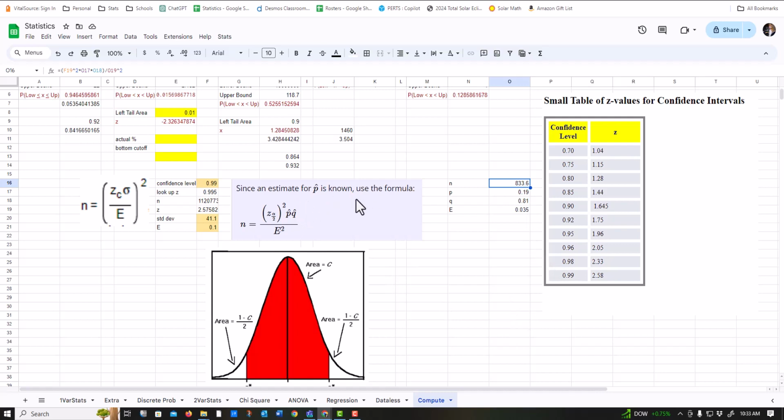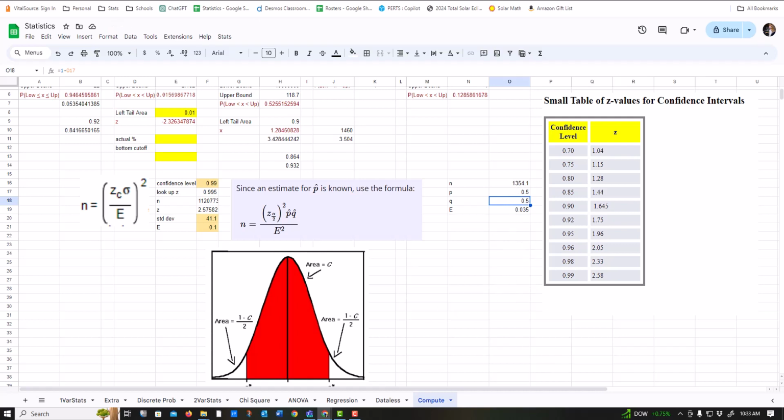Now, the only difference is if you do not know. Like if it says you have no prior research or information, then half the time you get a success, half the time you wouldn't get a success. And so that's the only thing that would change in this formula.